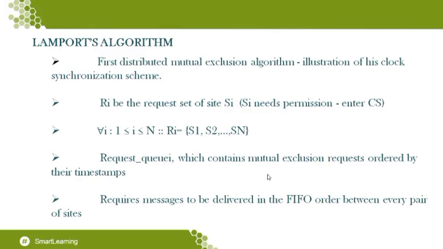Here a particular site at a particular instant may be described as S suffix I. Say Si is a site, then it has an Ri, capital R suffix small i, which represents the request set. Every site maintains a request set.